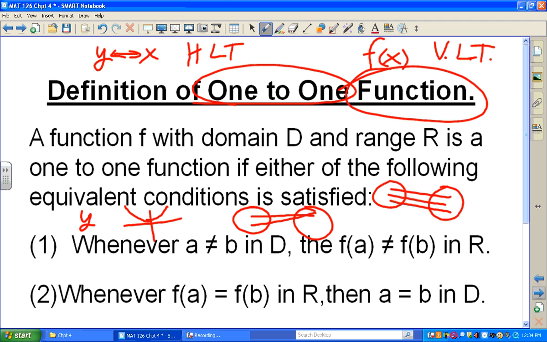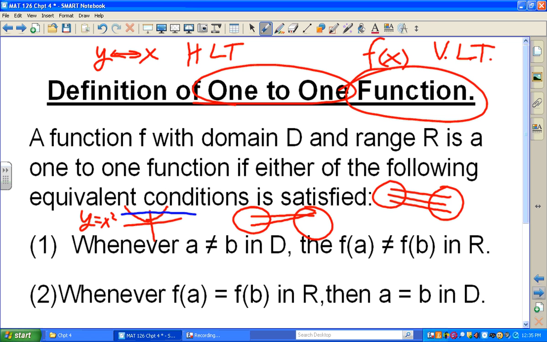If y equals x squared, that is not 1-to-1. Because if x is 1, y is 1. If x is -1, y is 1 still. That is not a 1-to-1 function. It's still a function, just not 1-to-1. So if something is a 1-to-1 function, it has an inverse. If something is not a 1-to-1 function, it doesn't have an inverse.